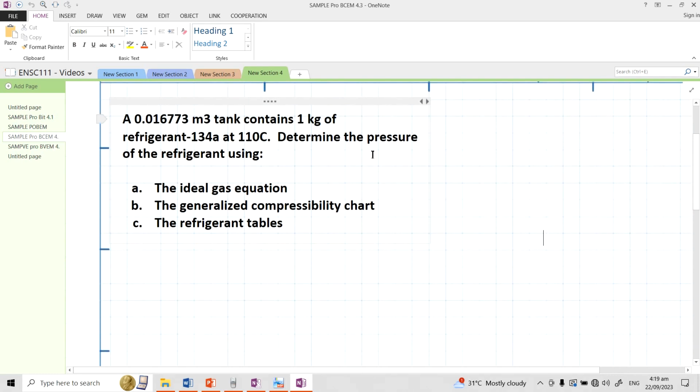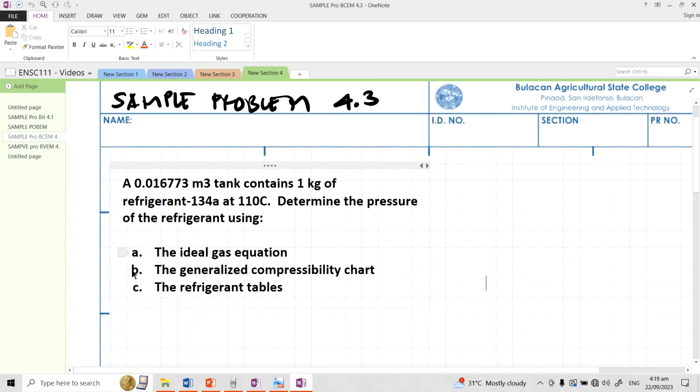Whenever it is available, or if we can consider it as an ideal gas, then we can use the ideal gas equation, or we can use the compressibility chart. And if refrigerant tables are available, then we can also use those to retrieve the properties.